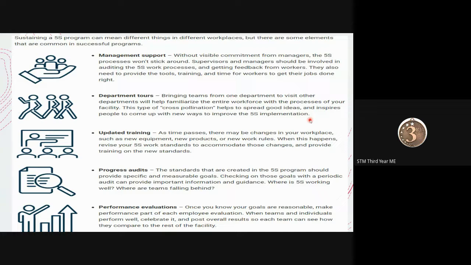So department tools happens when one department's personnel comes into the other department, or a group of personnel itself visits the other sister department, and once they visit, they will see the similar 5S system being followed, and any improvements they have made in their department will be suggested for the next department they are visiting.